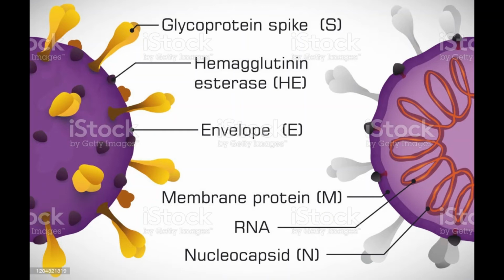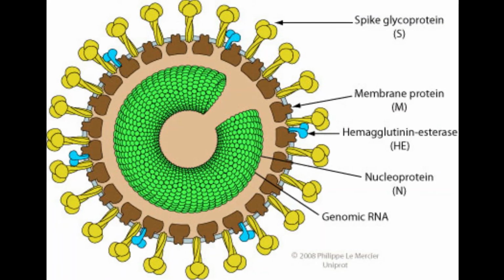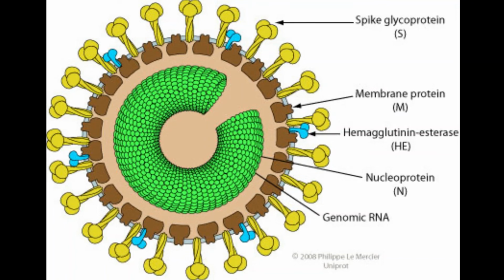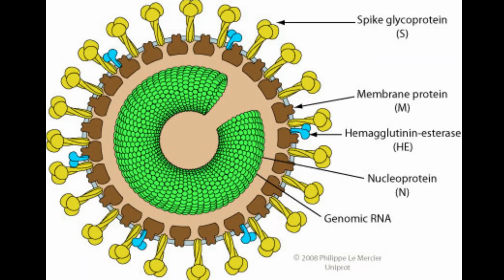Within this envelope is a flexible or doughnut-shaped nucleocapsid, depending on the subfamily, that consists of genomic RNA. The tubular nucleocapsid is bent into an open torus, thus the name torovirus. Toroviruses have a glycoprotein with HE activities.